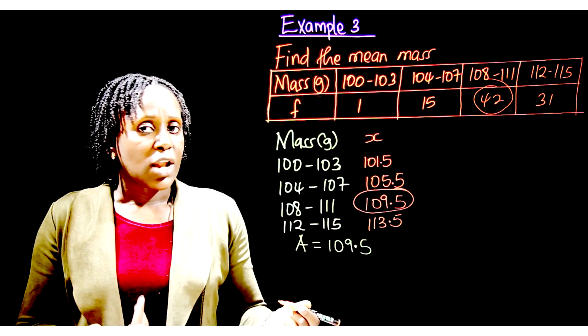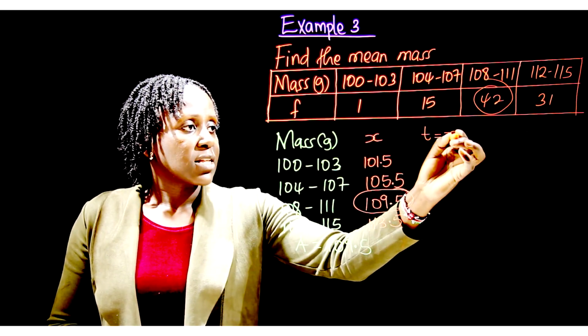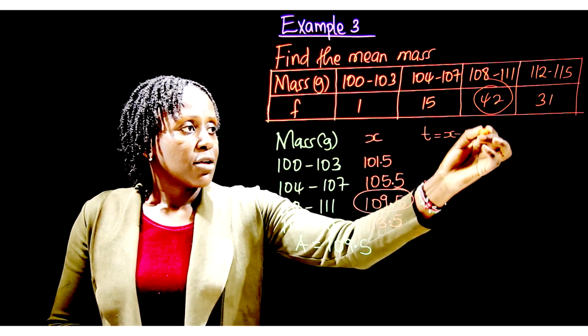Our next column is going to be the value of t, which is given by x minus the assumed mean, which is 109.5.